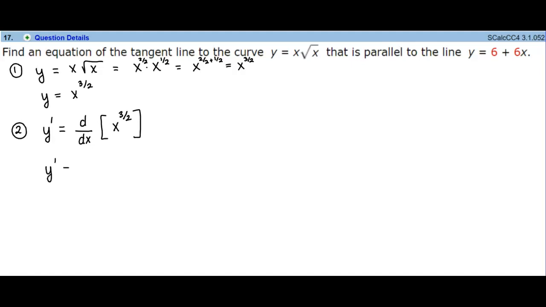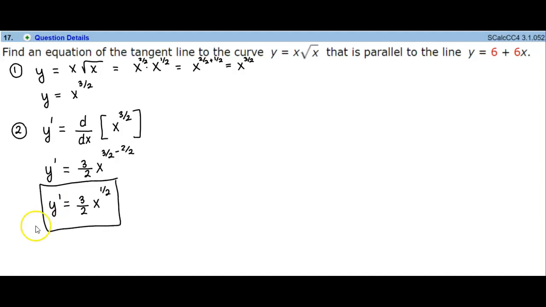So y prime is going to equal 3 over 2 times x to the 3 over 2 minus 1, which is the same thing as 2 over 2. So the derivative is going to equal 3 over 2 times x to the 1/2. So there is our derivative function.